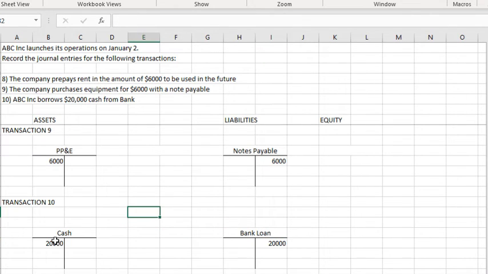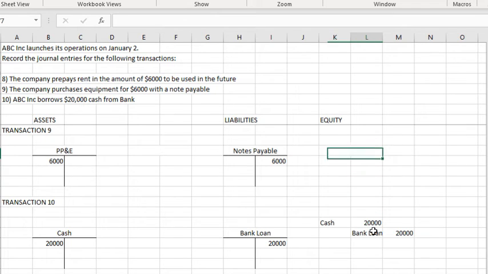I'm writing these in T accounts because it's a better visual, but I could record this as a journal entry as well. So what I would do is I would debit cash in the amount of $20,000. Let me write these here. And then I would credit bank loan, which is a liability account, by the same amount.